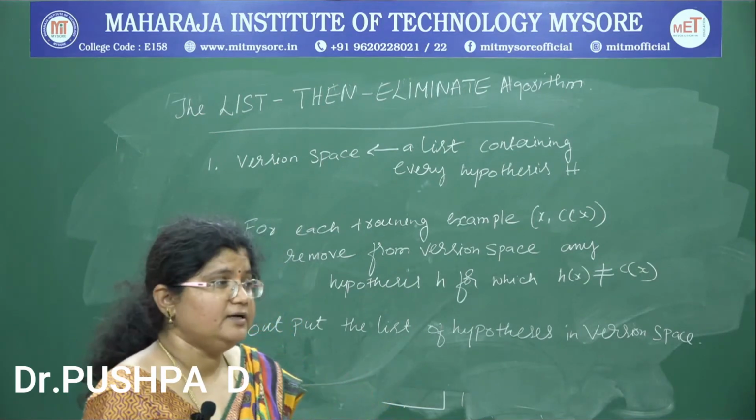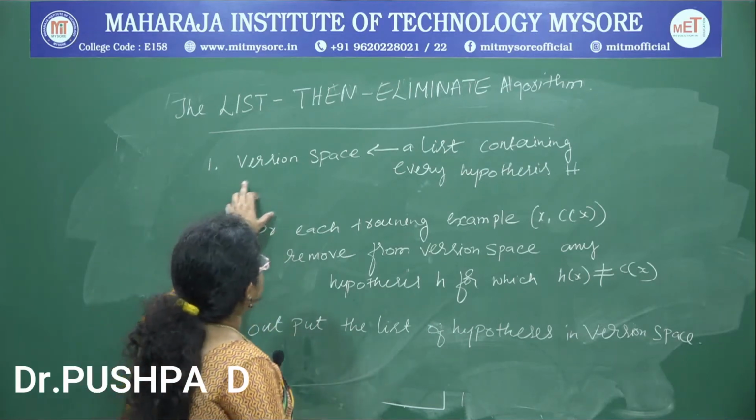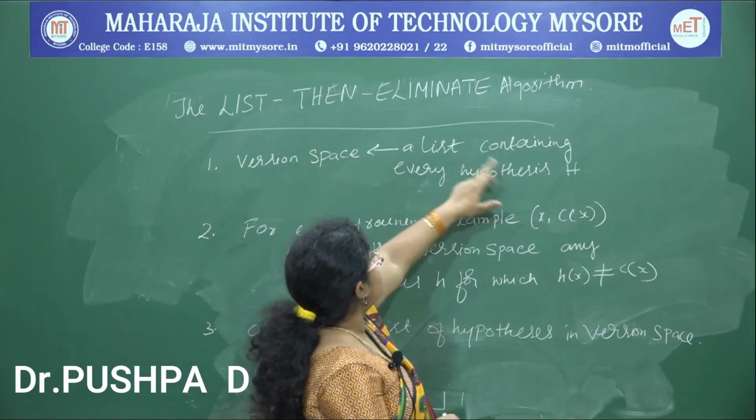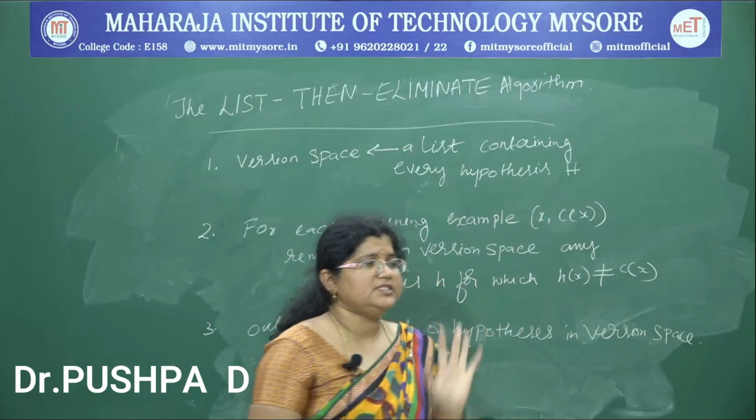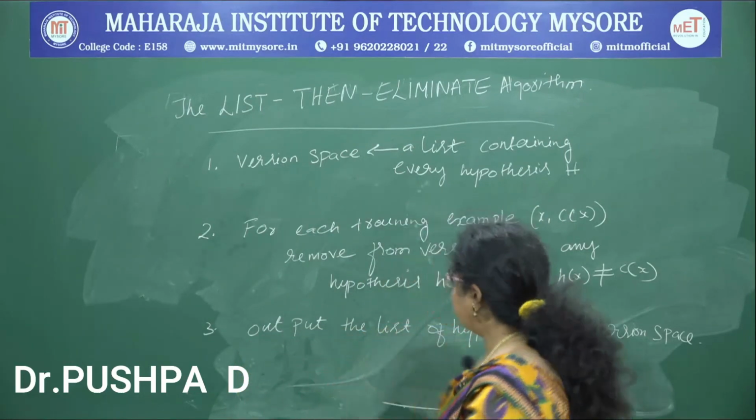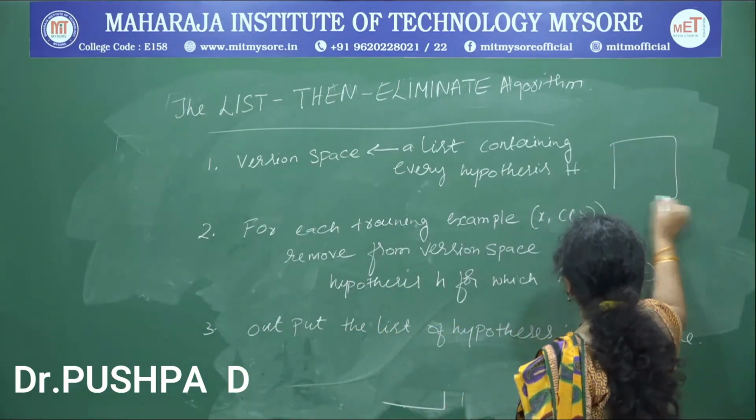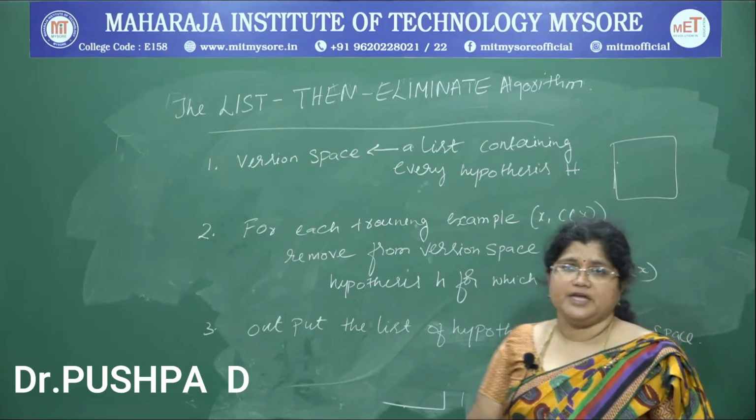So, that is the list step: the version space is a list containing every hypothesis in capital H. For example, consider a box that is like a version space.